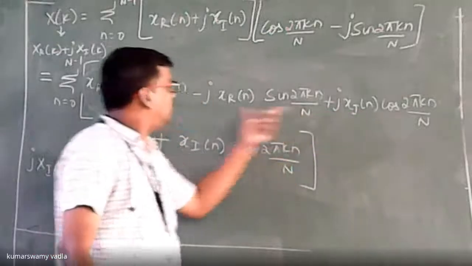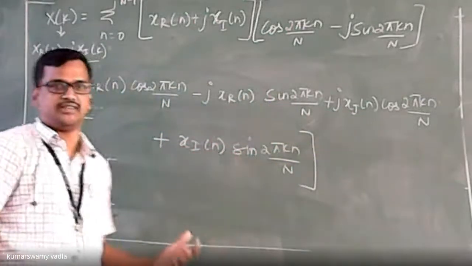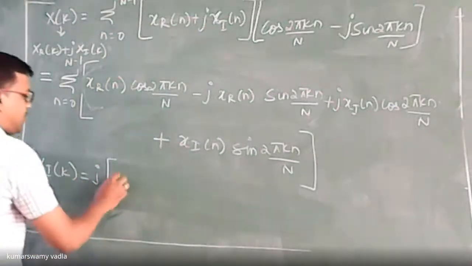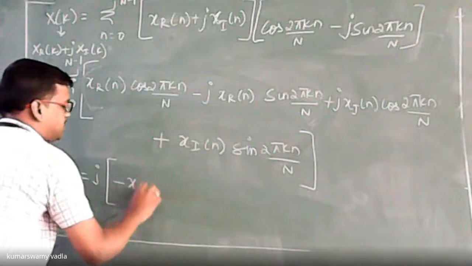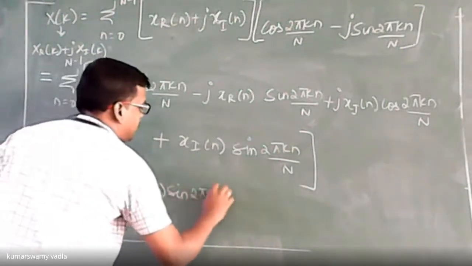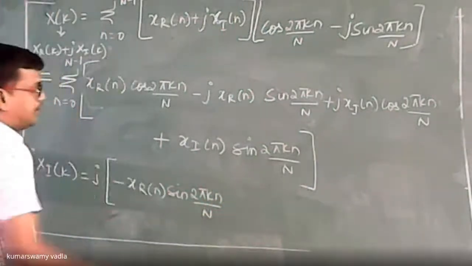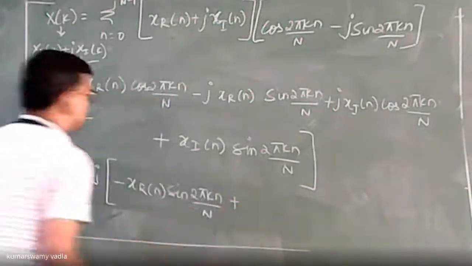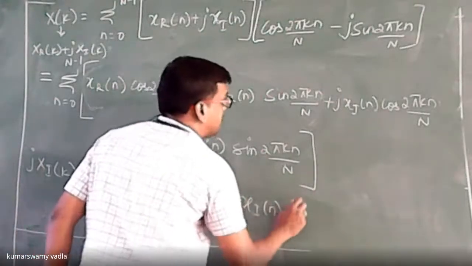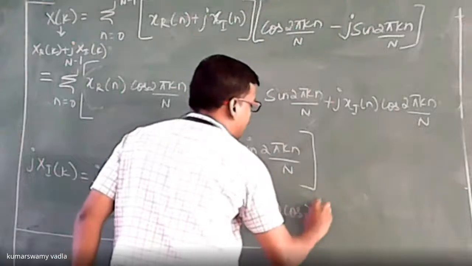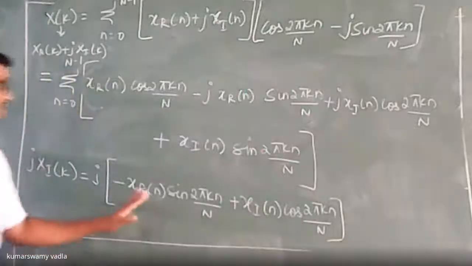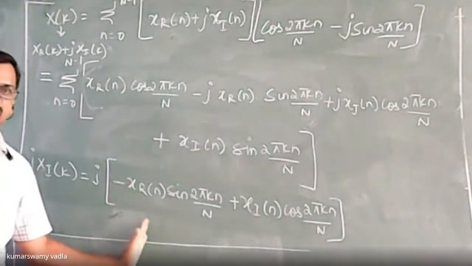First, let me write down the real plus imaginary sequence. If I write j here, what should I write here? Minus x_r of n sin 2 pi k n divided by N plus x_i of n cos 2 pi k n divided by N. Is everyone convinced with this expression?